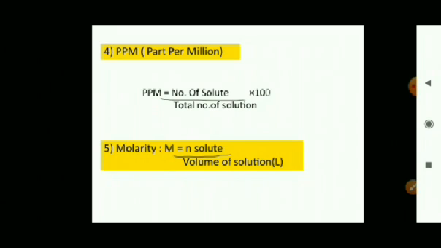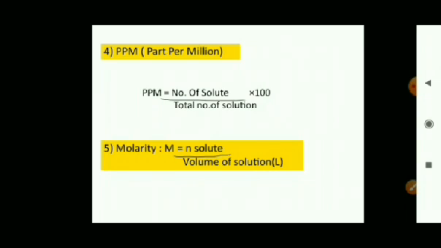So parts per million is defined as the number of solute divided by total number of solutions into 100, isn't it?